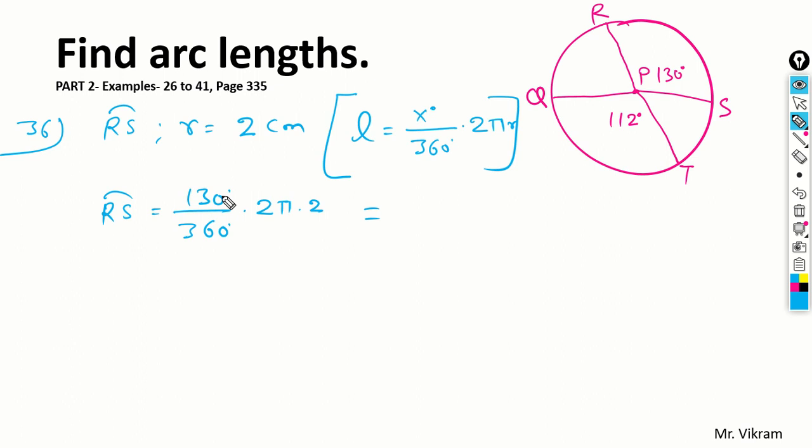If you solve this, 0 and 0 cancel, and this will be 13 multiplied by 4 multiplied by pi divided by 36. You can solve it using a calculator, and let me check your answer. Just a second.